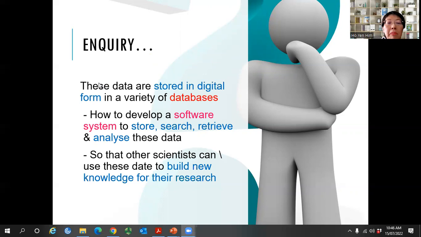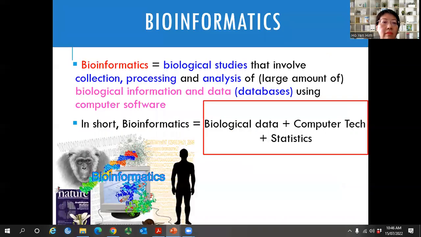So I will give you an example. What does it mean? So this is part of the science called bioinformatics.